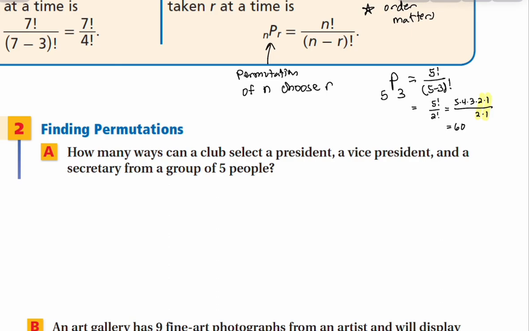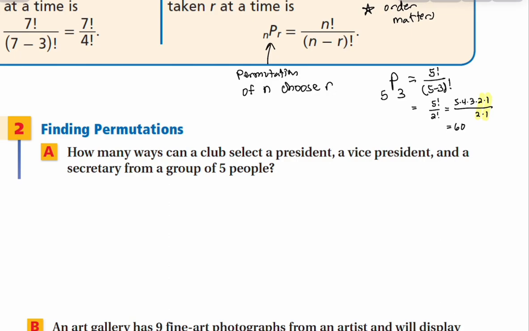Now, the reason order matters here is because we are giving each one of these people a distinct designation, a distinct position in the group. Okay. So a position in the group could be first, second, third, can be vice president, president, secretary. Okay. So they have that designation.